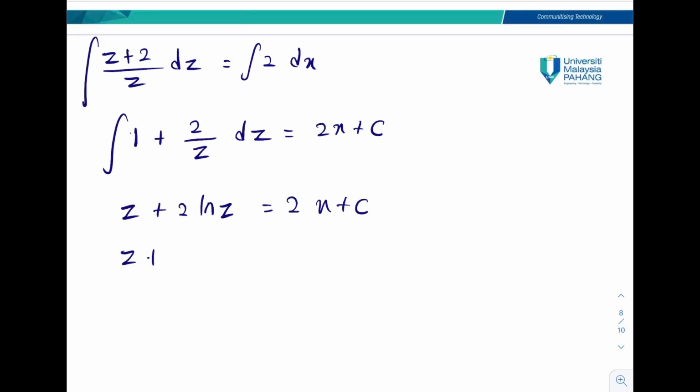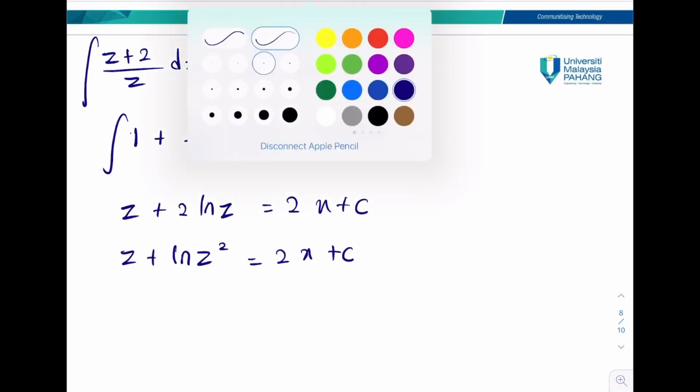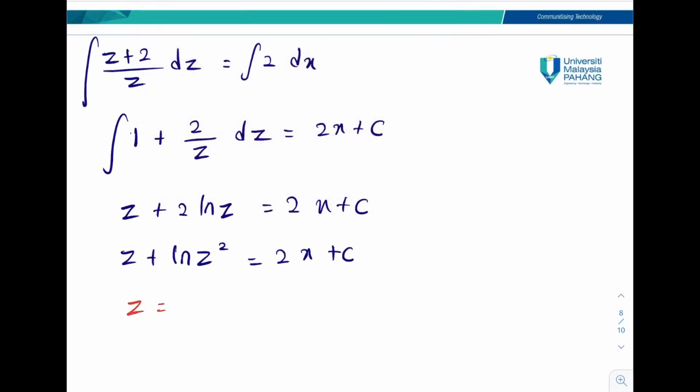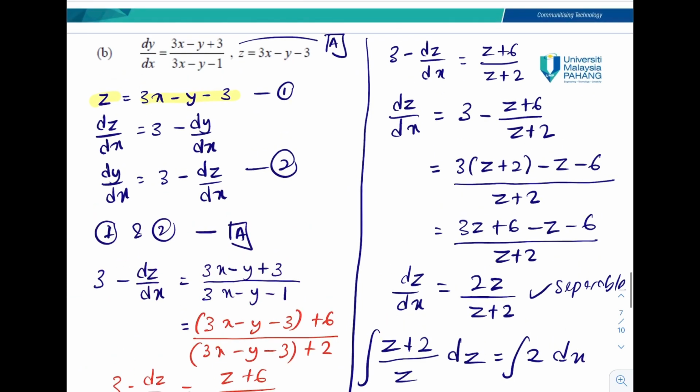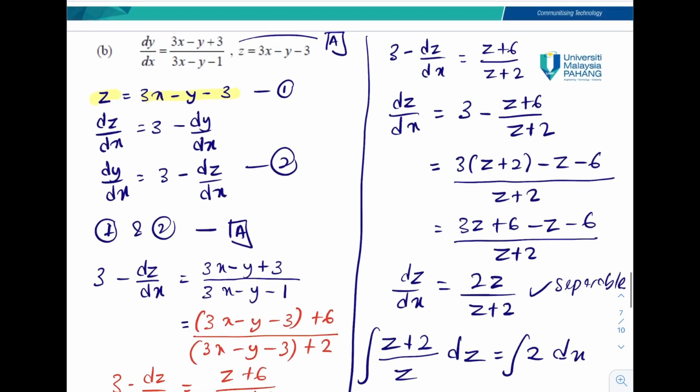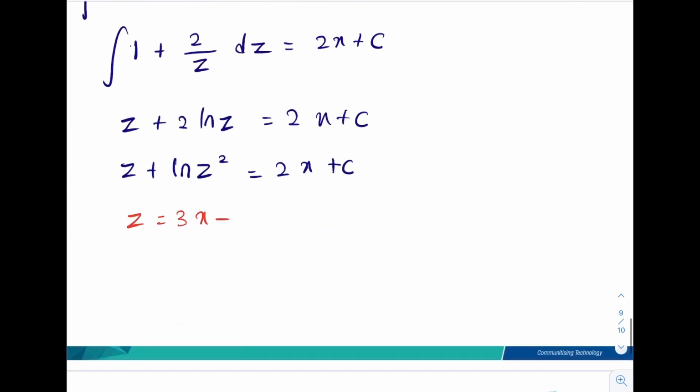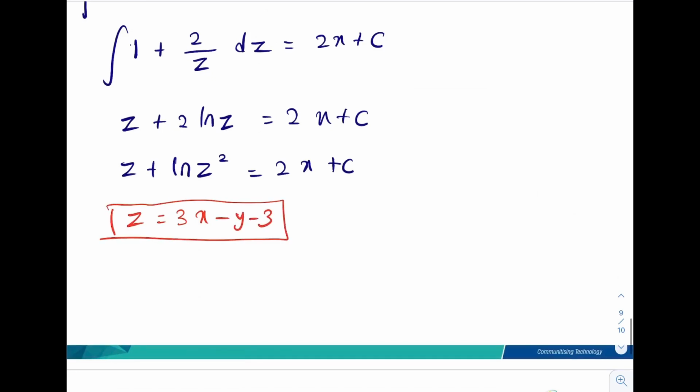Okay, z plus ln z squared equals to 2x plus c. You want to replace or not? It's okay to replace the z now. Remember that I change the color first. z equals to 3x minus, I don't remember, so I have to recall back, 3x minus y minus 3. So we have to replace that one back.